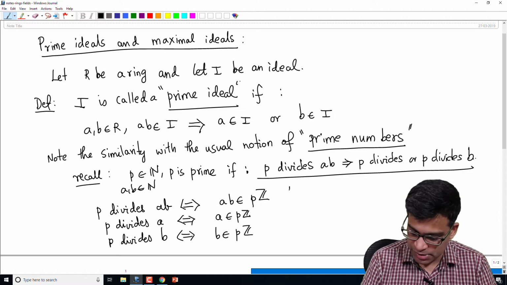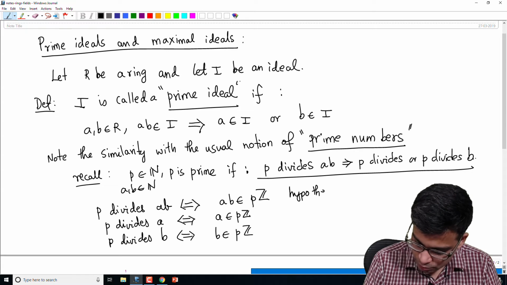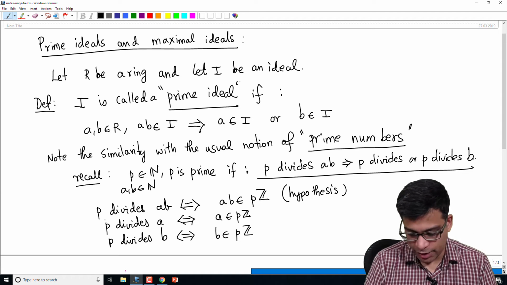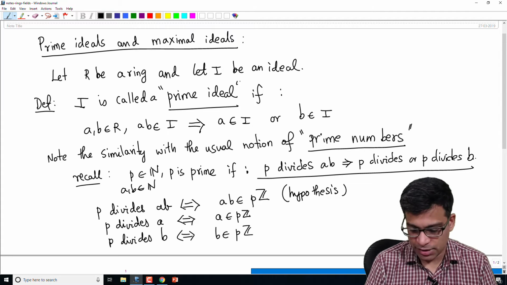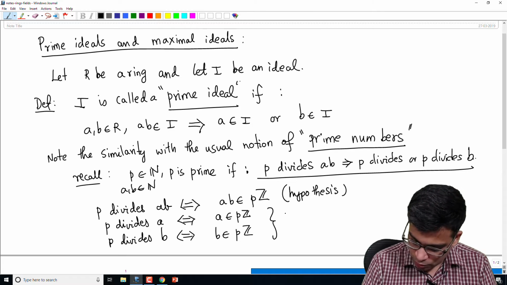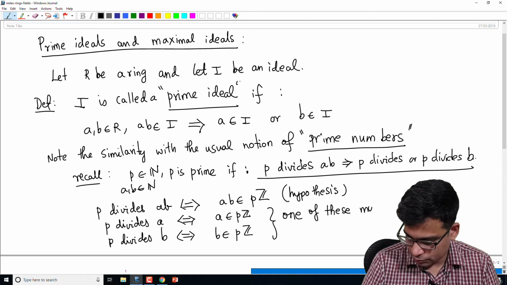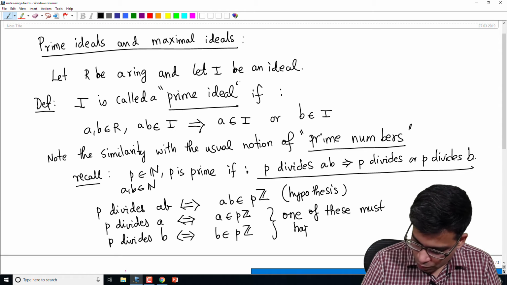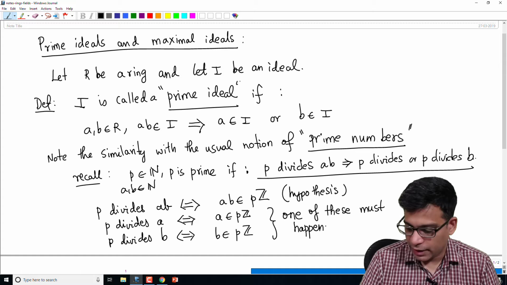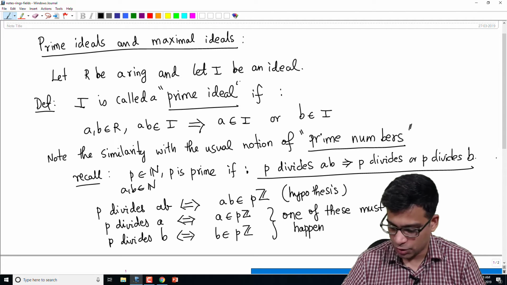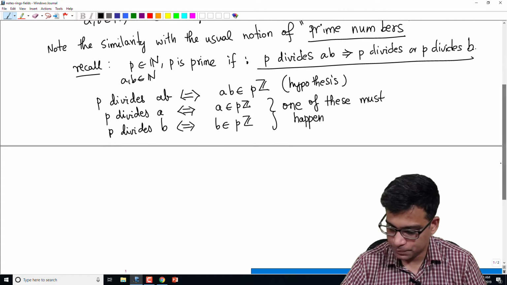If AB is in PZ, this is the hypothesis. The hypothesis is P divides AB, that is equivalent to AB being in PZ. We want one of these to happen. Okay, so think of prime ideals as generalizations of the notion of prime numbers that we have seen in school.